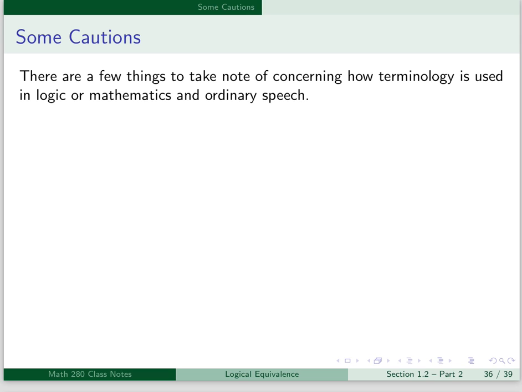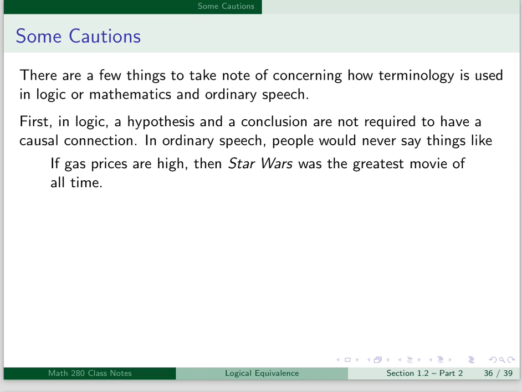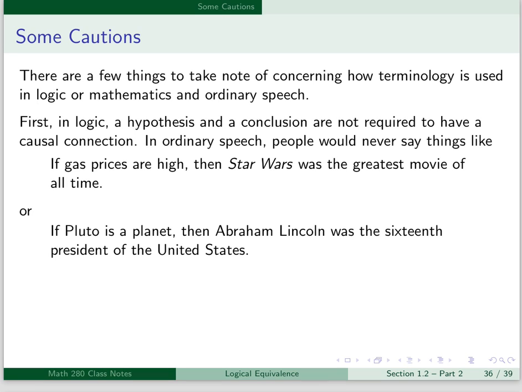We're going to end this video with some cautions. There are a few things to take note of concerning how terminology is used in logic or mathematics and ordinary speech. First, in logic, a hypothesis and a conclusion are not required to have a causal connection. In ordinary speech, people would never say things like, if gas prices are high, then Star Wars was the greatest movie of all time, or, if Pluto is a planet, then Abraham Lincoln was the 16th President of the United States.